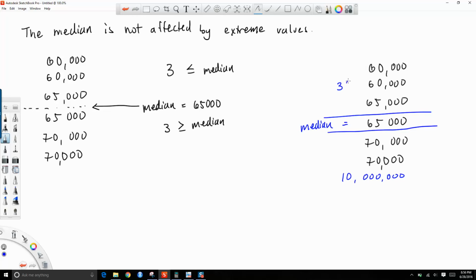You have 3 that are less than or equal to the median, 3 that are greater than or equal to the median, and 1 that's actually equal to the median. The 1 is 65,000, so the median here is 65,000. In this case, it was unaffected. In some cases the median might be affected a tiny bit, but it's not going to be dramatically affected like the mean was, where the mean suddenly became $1.5 million or something like that.